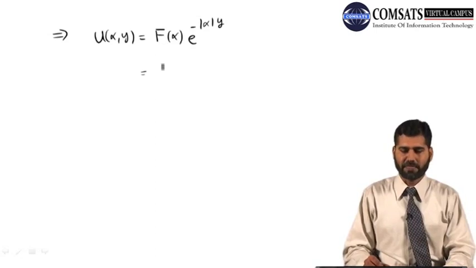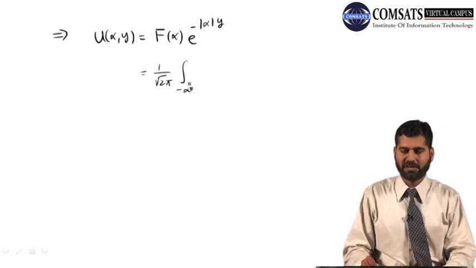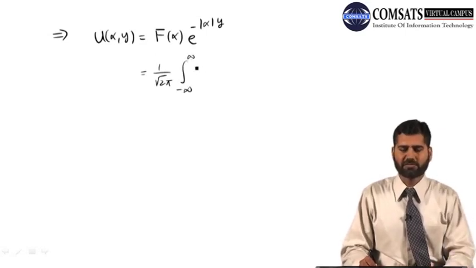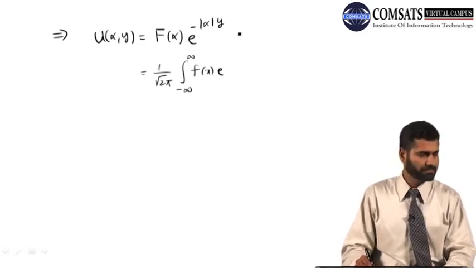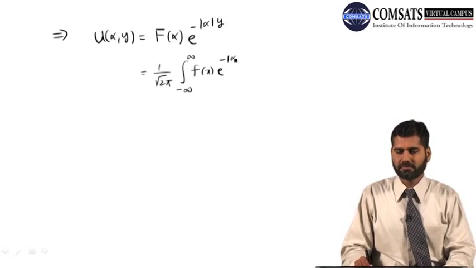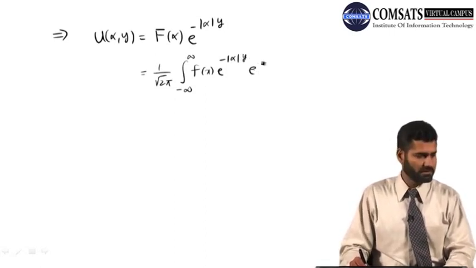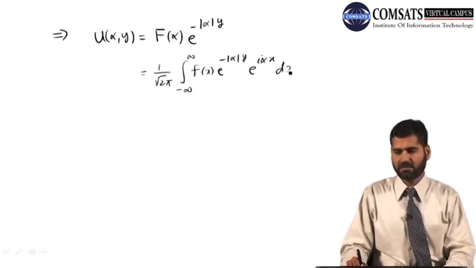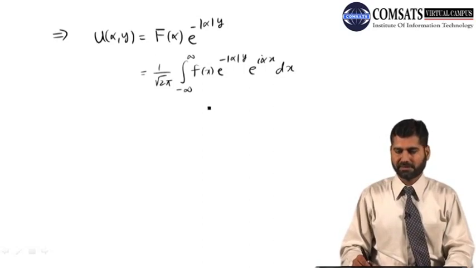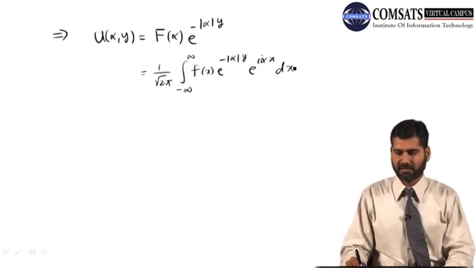Now what is f hat of alpha? F hat of alpha is 1 over square root of 2 pi, integral from minus infinity to infinity of small f of x e to the iota alpha x dx, alright? This is the Fourier transform of f of x.